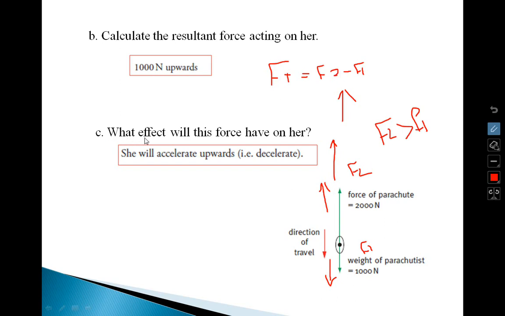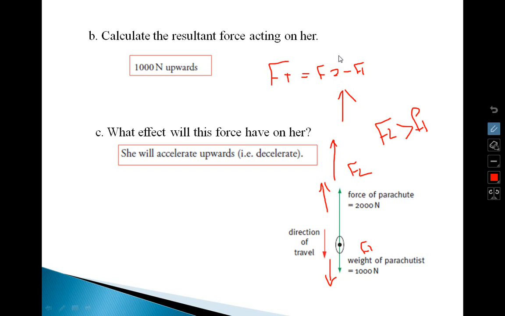Section C: what effect will this force have on her? What is the total effect of the resultant force acting on the parachutist? This force will accelerate the parachutist upwards, so she keeps moving upwards.